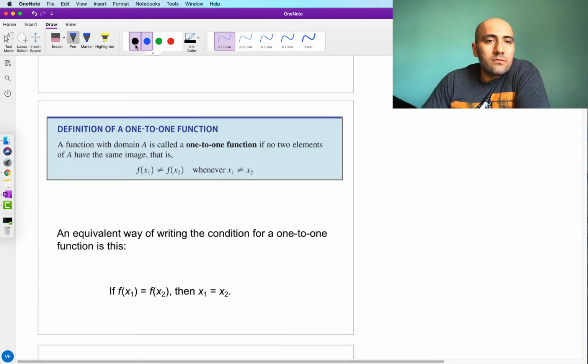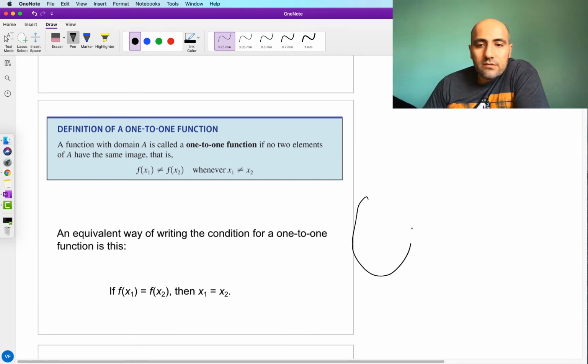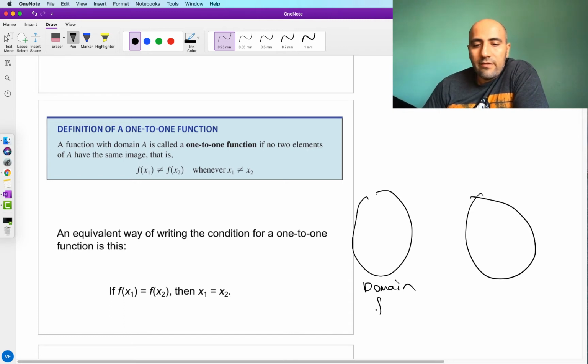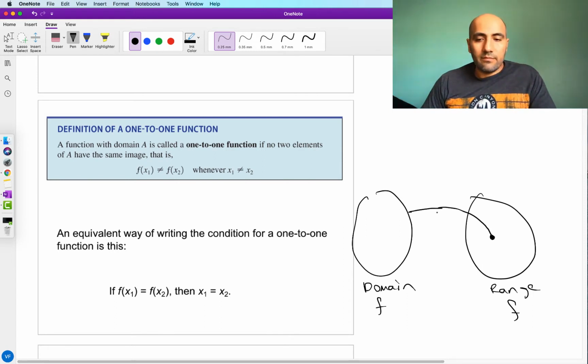So do the jelly bean thing. Here's the domain of f. Here's the range of f. So we're saying, oh, look, here is a unique value in the range of f, and it looks like something is being mapped from over here, under the influence of the function f.